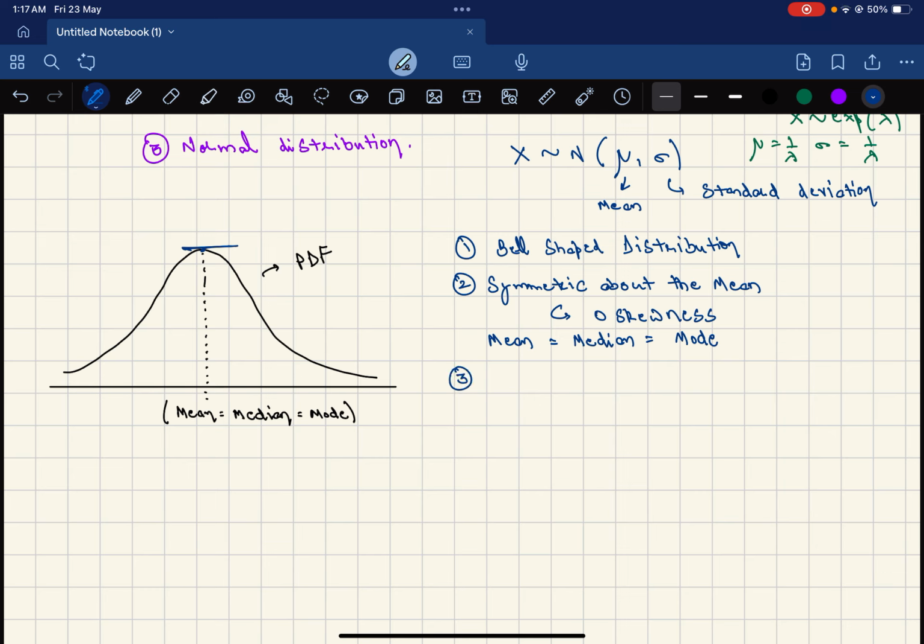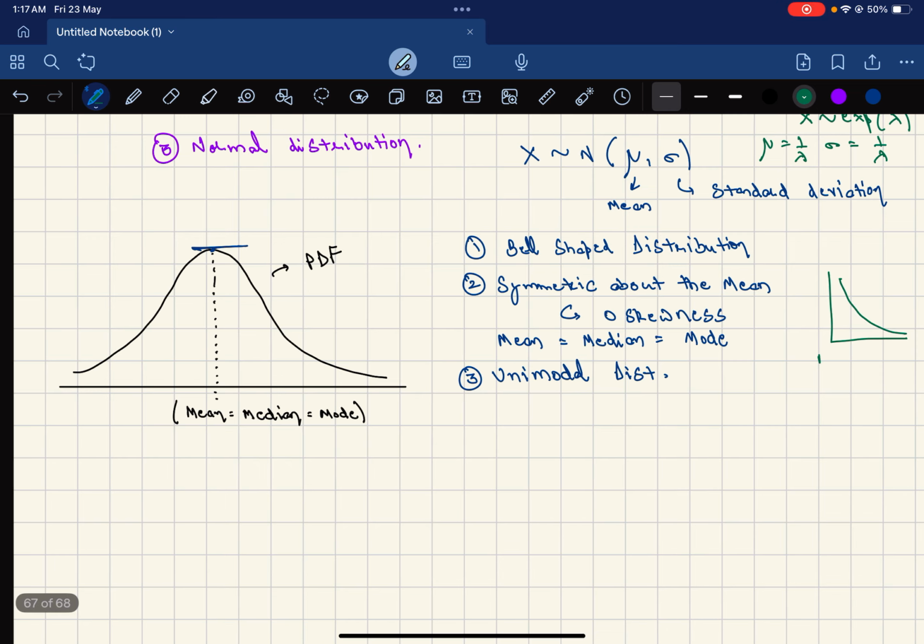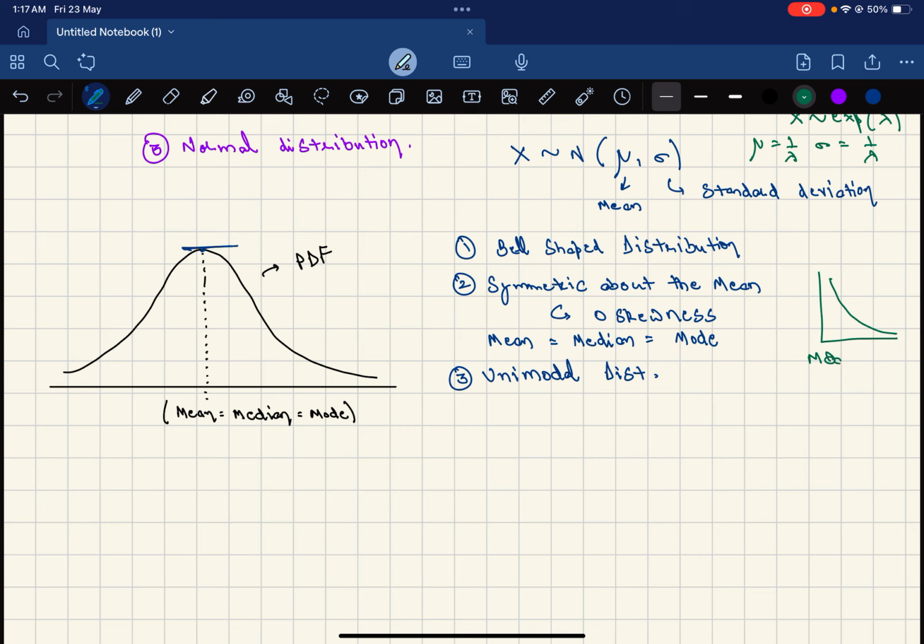Next, we can see that it's a unimodal distribution. The exponential distribution was also unimodal. If you remember, the exponential distribution had a shape something like this, and the mode there was equal to 0. Here also there is only one mode, which is this particular value, and therefore it's a unimodal distribution since there is one mode value.